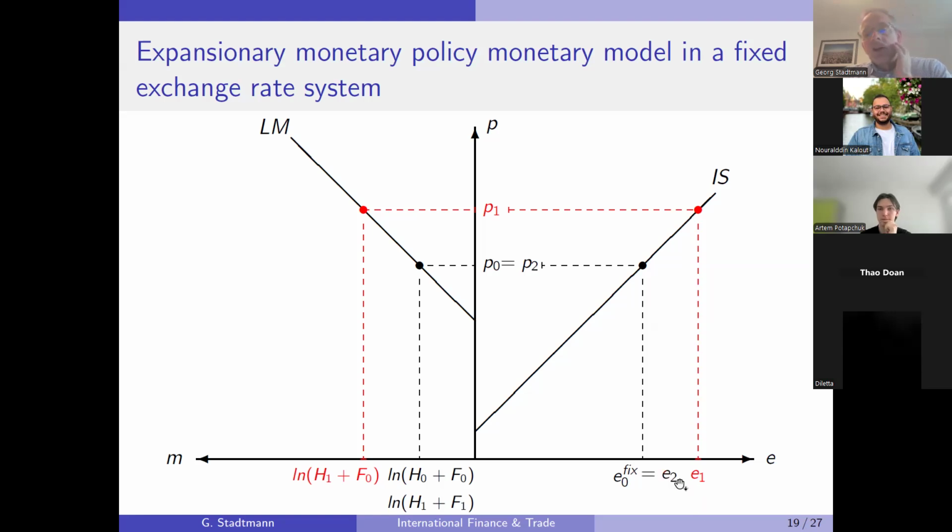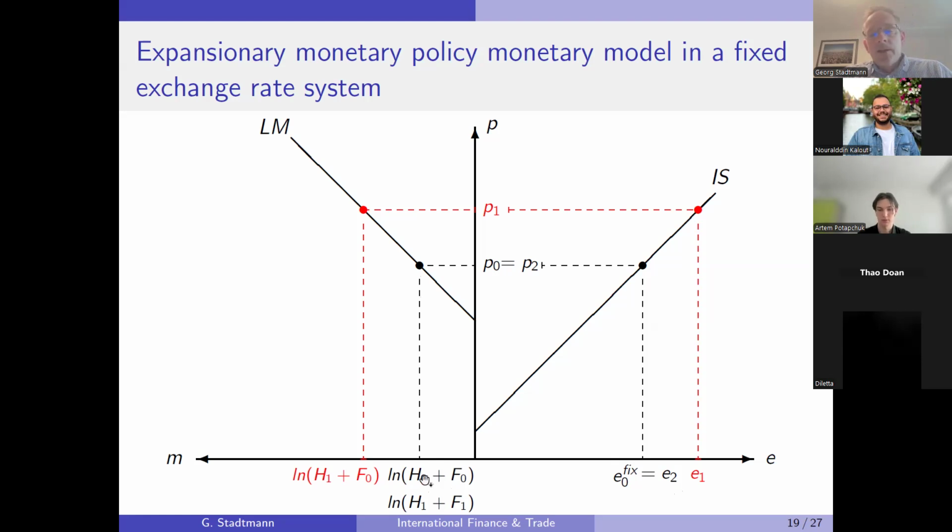So, how is this shock digested in a fixed exchange rate system? In a fixed exchange rate system, the exchange rate has to be fixed so that the goods prices are also fixed. And we see here that in the end, we have no change in the level of money supply.